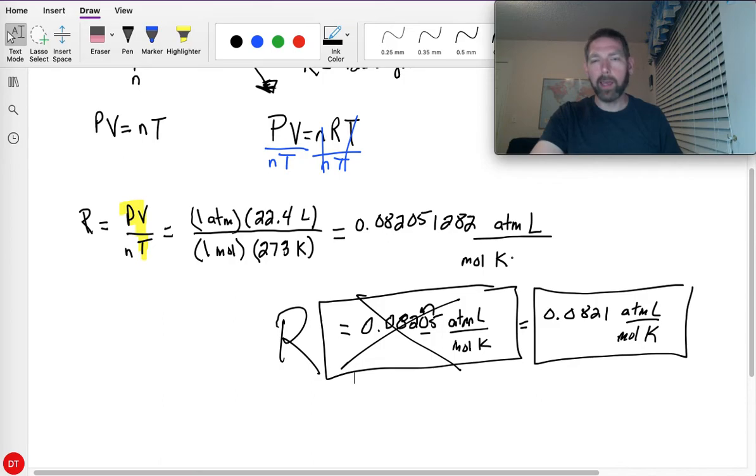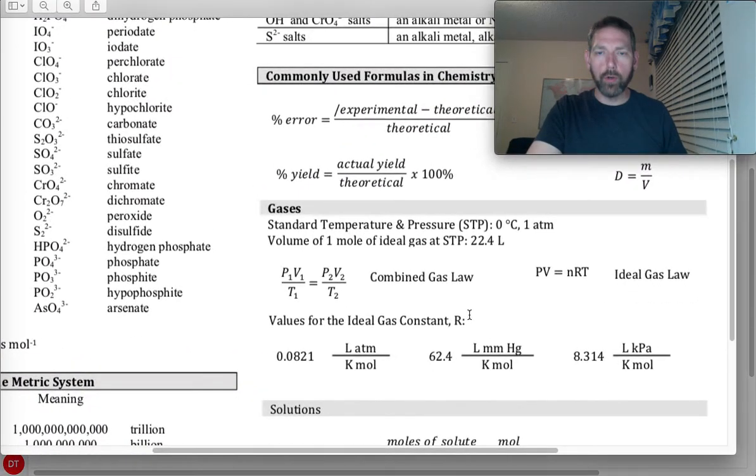So that's why I kept it mole Kelvin. I'm just leaving everything in the exact same order that we see in the equation. It's a habit that I'm in, but just know that when you see things online or in textbooks, you're going to see it written in this fashion. It doesn't matter; it's the same thing.